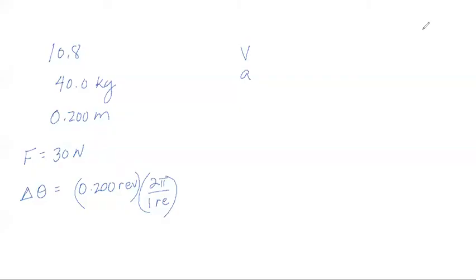All right, the first thing we need to do is find the moment of inertia, which is going to be modeled after a cylinder. So I equals 1/2 mr squared.